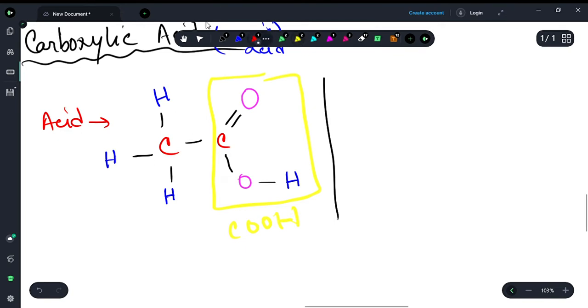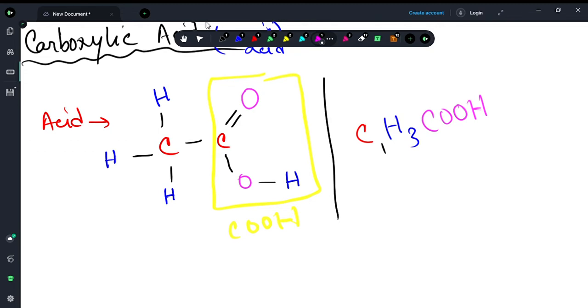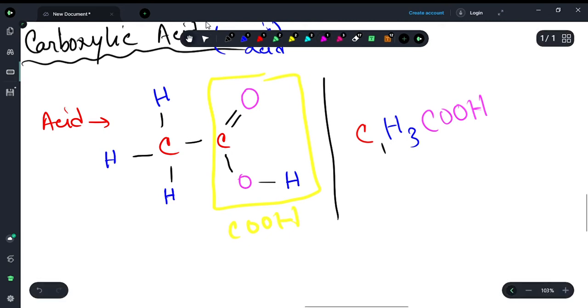What I see here is there is one carbon and there are three hydrogens. Now after that, just write the COOH, as easy as that. So that's the molecular formula of ethanoic acid, CH3COOH.